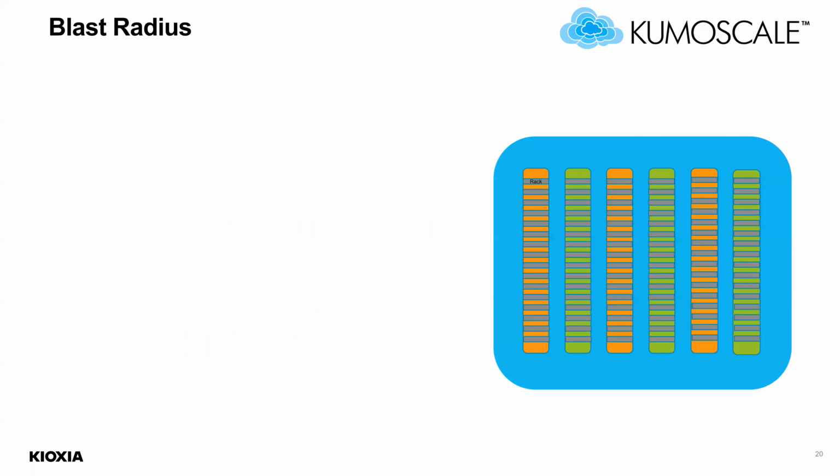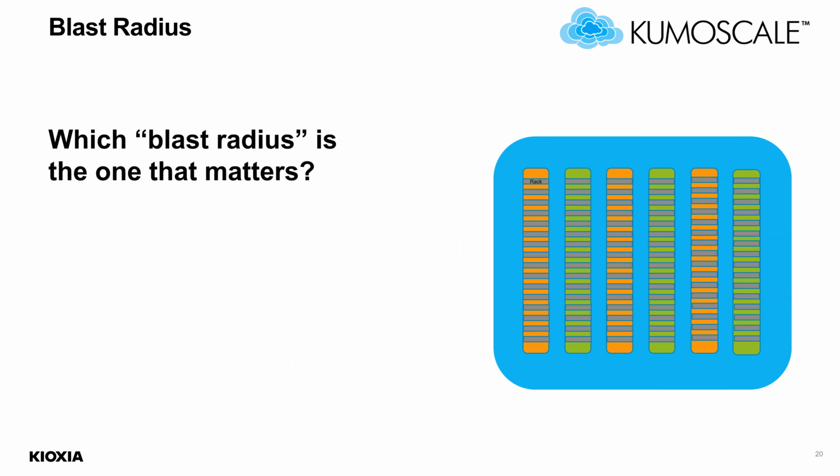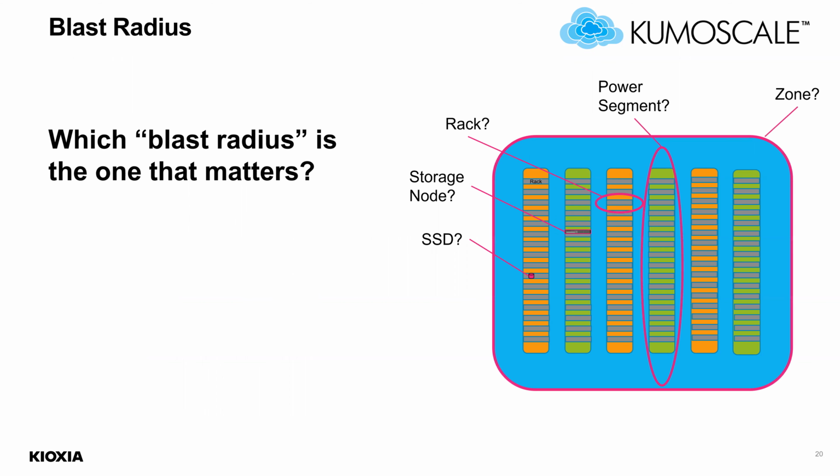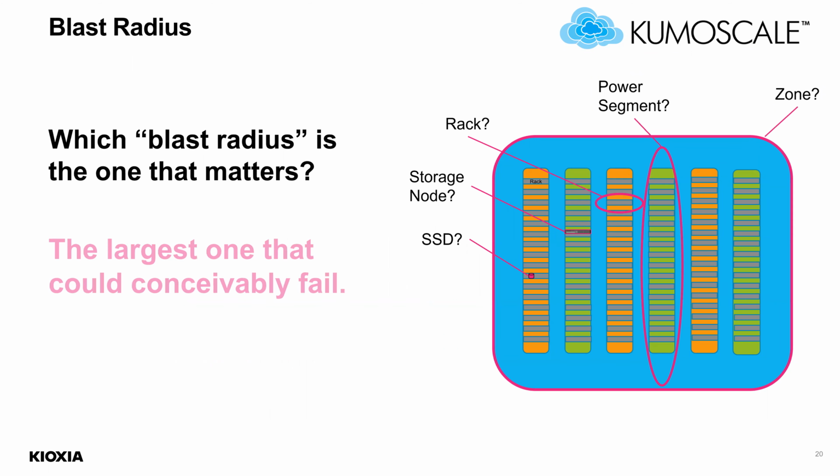And so when we talk about blast radius, we have to think about what blast radius is the one that matters. Is it the SSD or storage node or rack or power segment or the entire availability zone? What's the one that you care about? The answer is you care about the largest one that could conceivably fail, and your data protection scheme had better span that blast radius, that zone.